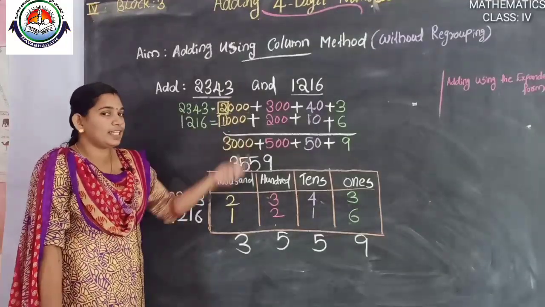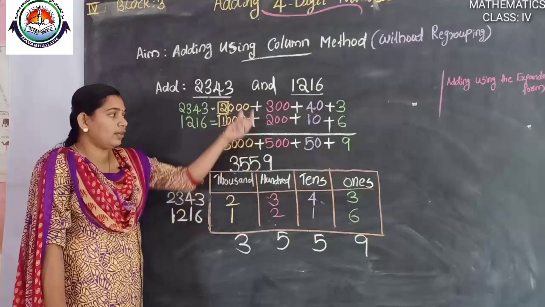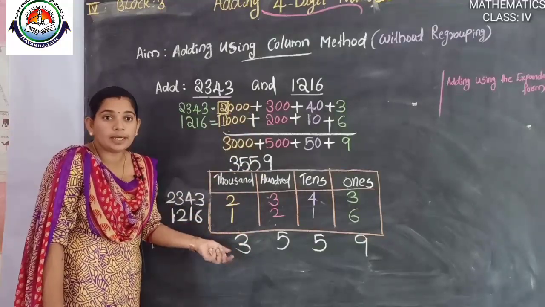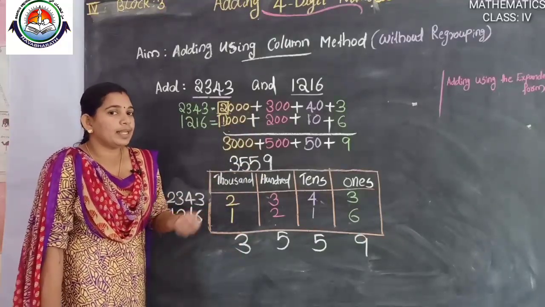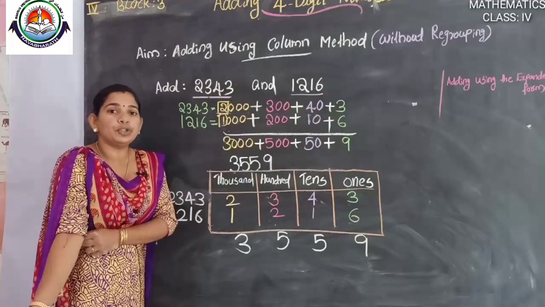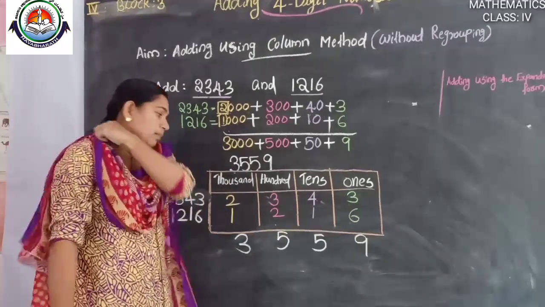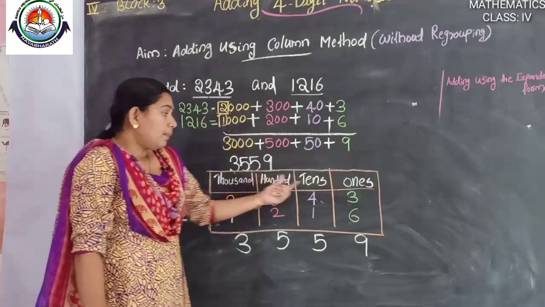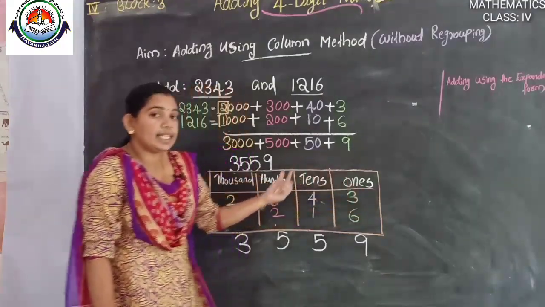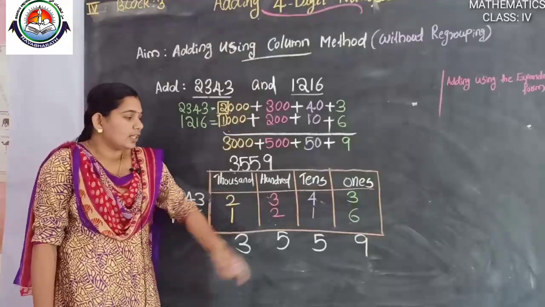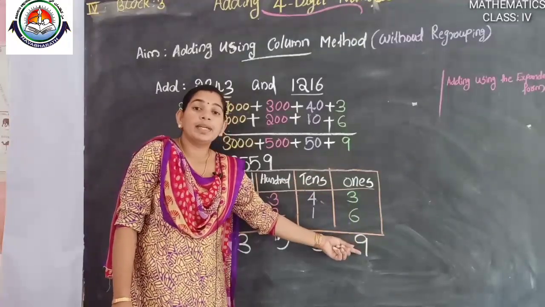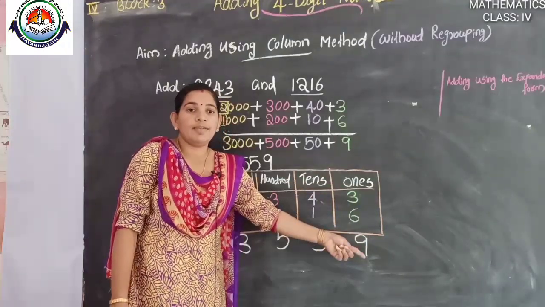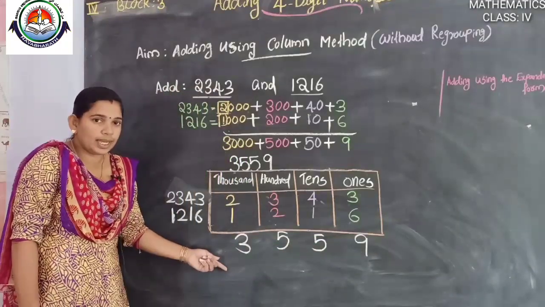So, which method are you using? Here, we first expanded the number, then added, then converted it again to standard form. But here, we place the digits in each place, then we add the digits in each place. We will get the answer. Okay.